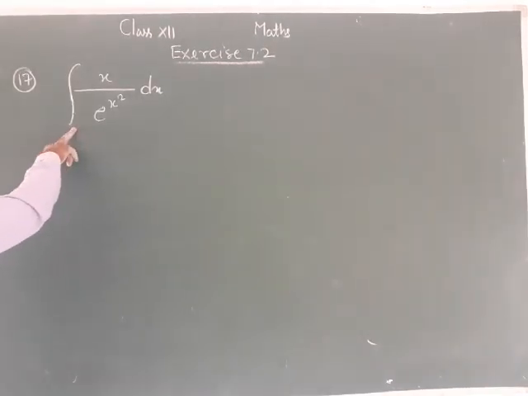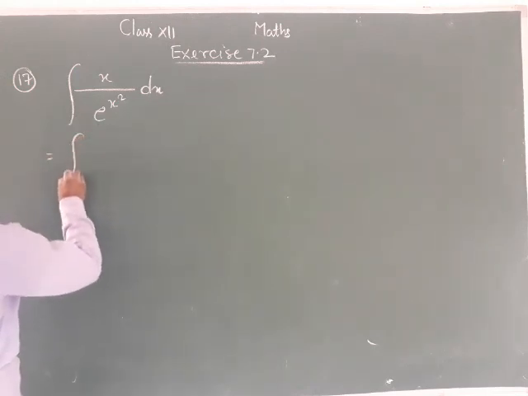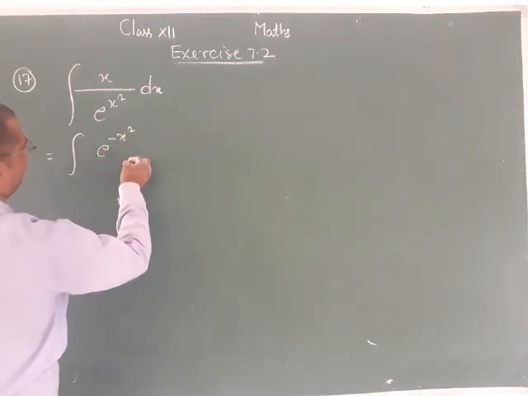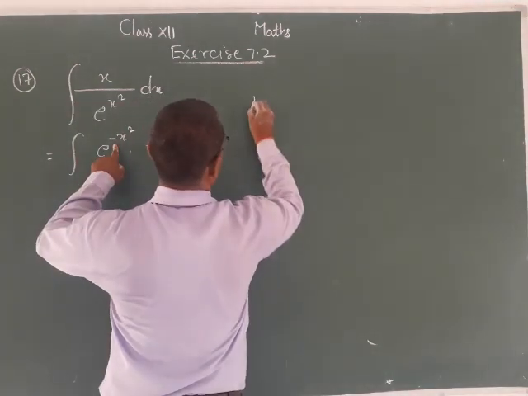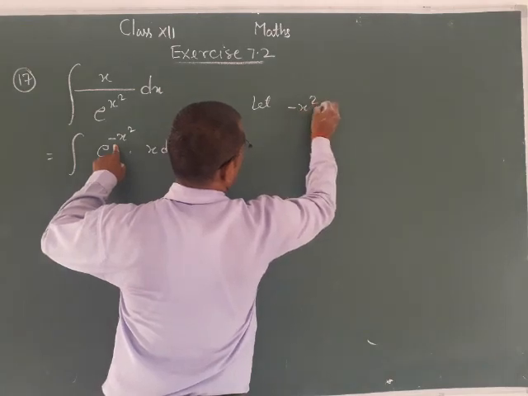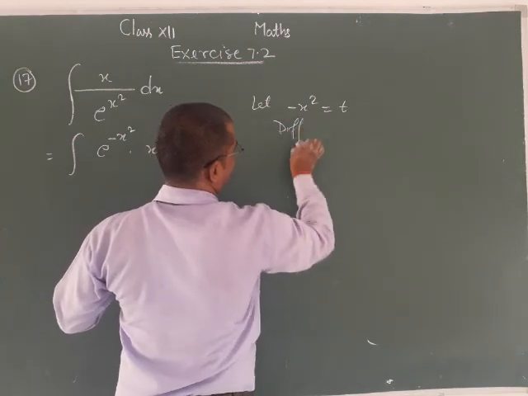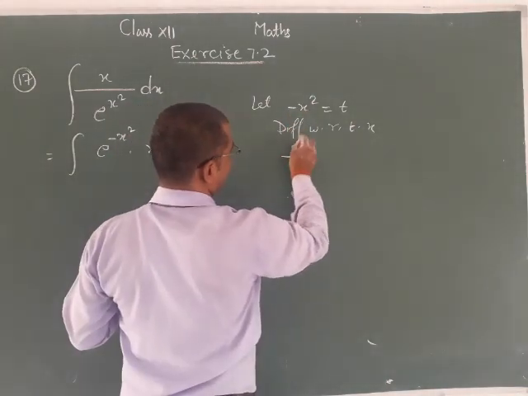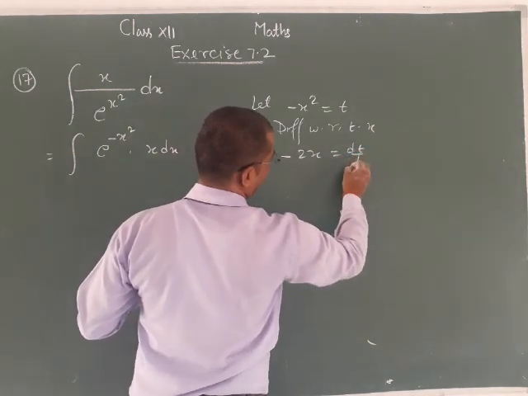Integral of x upon e to the power x square dx. We can write e to the power minus x square times x dx. Now let minus x square be equal to t. Differentiate with respect to x. Minus the derivative of x square, 2x, is equal to dt upon dx.